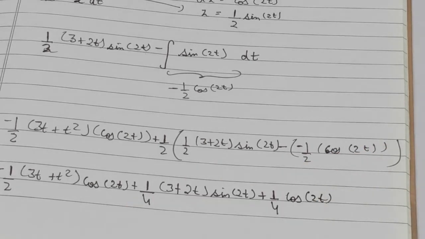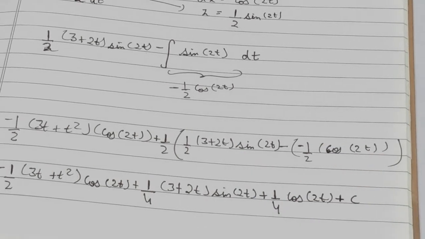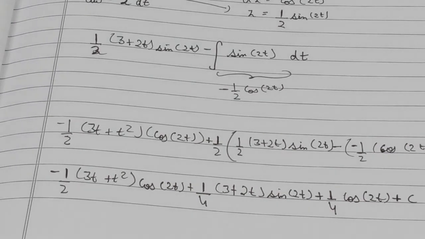Don't forget to add plus C, so this is our answer: negative 1/2 into (3t + t²) into cosine of 2t plus 1/4 (3 + 2t) into sine of 2t plus 1/4 into cosine of 2t plus C.